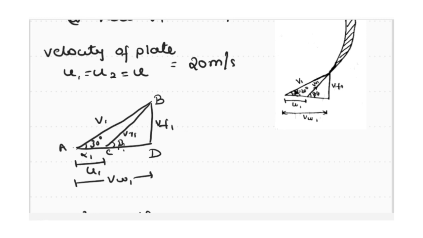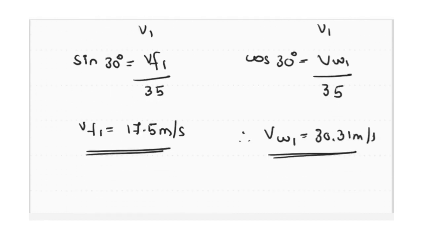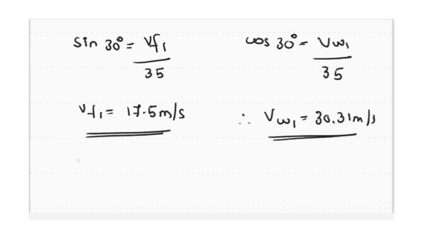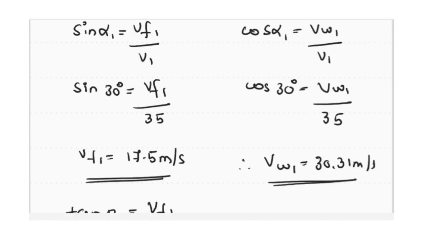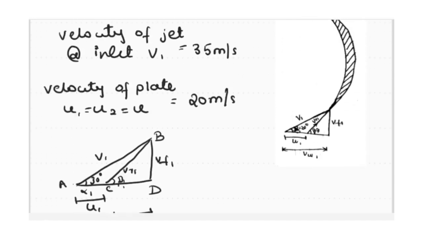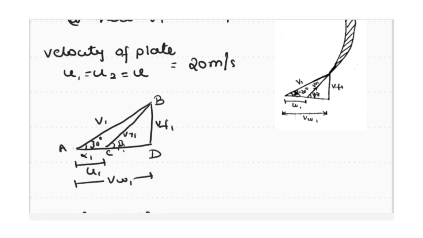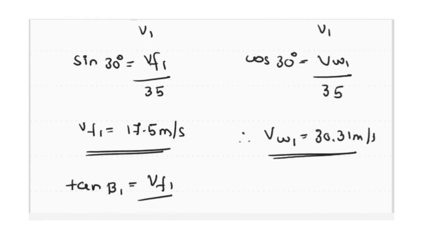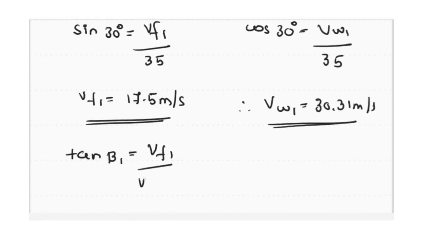First we will go with the calculation of beta 1. We know the opposite side and the adjacent side, so we will apply tan to the triangle BCD. Tan beta 1 is equal to the opposite side VF1 over the adjacent side CD, which is VW1 minus U1.